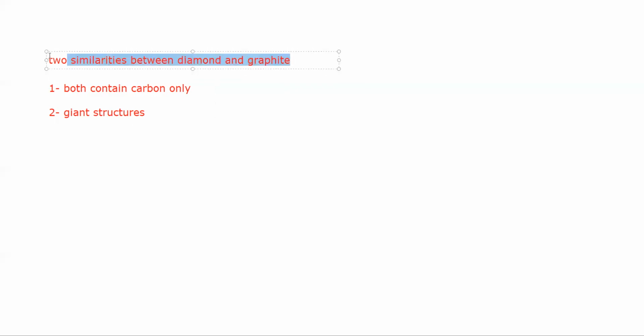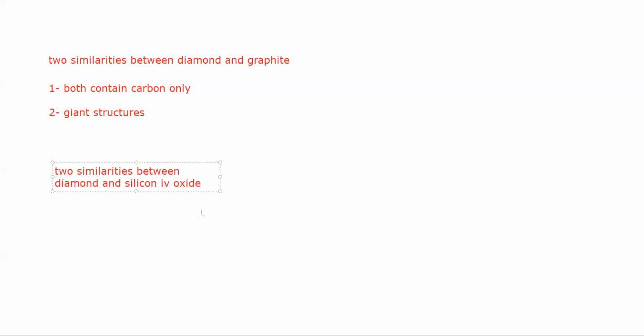If I say what are similarities between diamond and silicon 4 oxide? Both of them cannot conduct electricity.